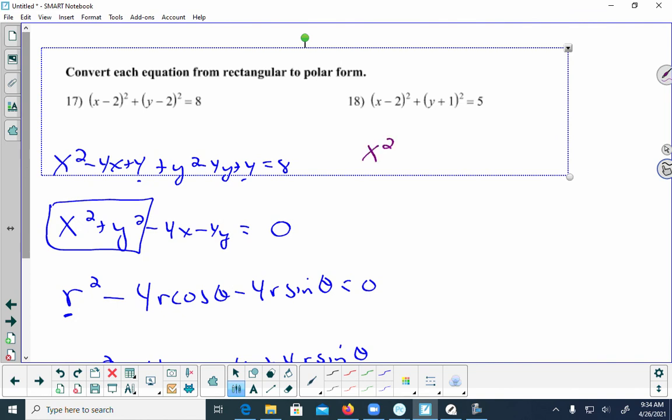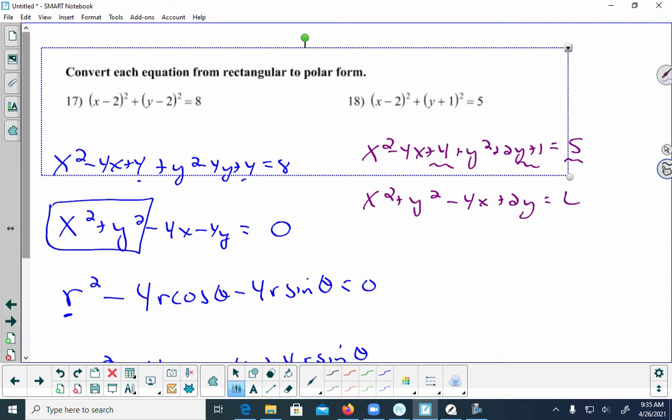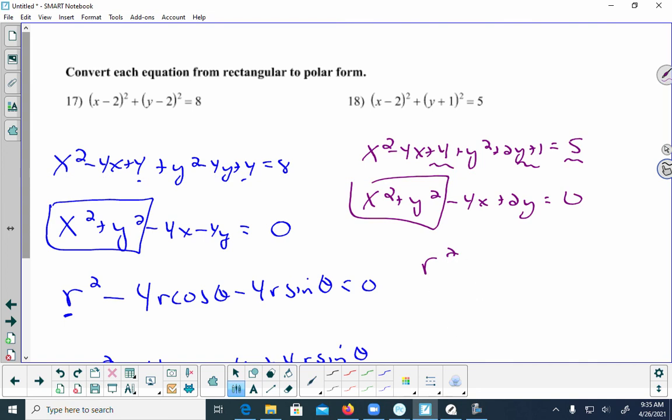I'm going to do x squared minus 4x plus 4 plus y squared plus 2y plus 1 is equal to 5. Writing the x squared plus y squared together, minus 4x plus 2y, and then the 4 plus the 1 is equal to 5. When I subtract it from the other side, I get 0. This I'm going to make r squared minus 4r cosine theta plus 2r sine theta, just replacing the x and the y with the r cosine and r sine.